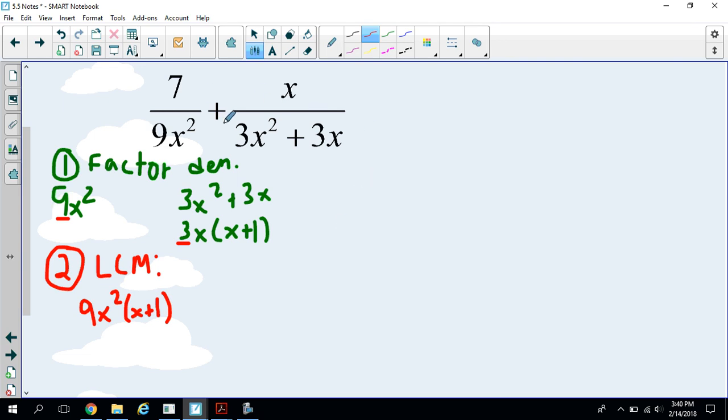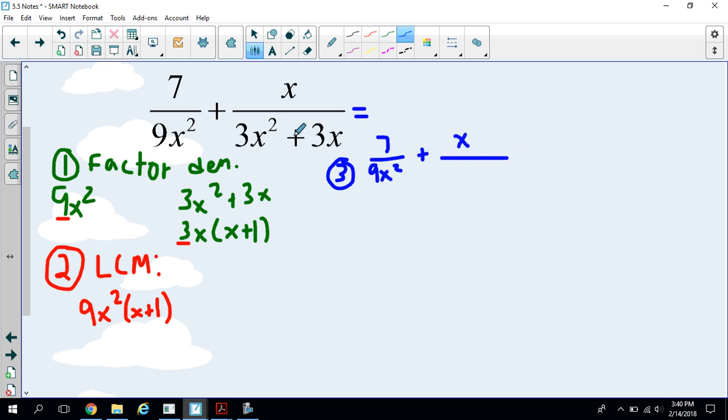So I'm going to rewrite, so that's kind of step 3, rewriting your addition expression. Okay, so I'm rewriting it as, and I'll put this as a step 3. There we go. I'm going to write it as 7 over 9x squared plus x over.